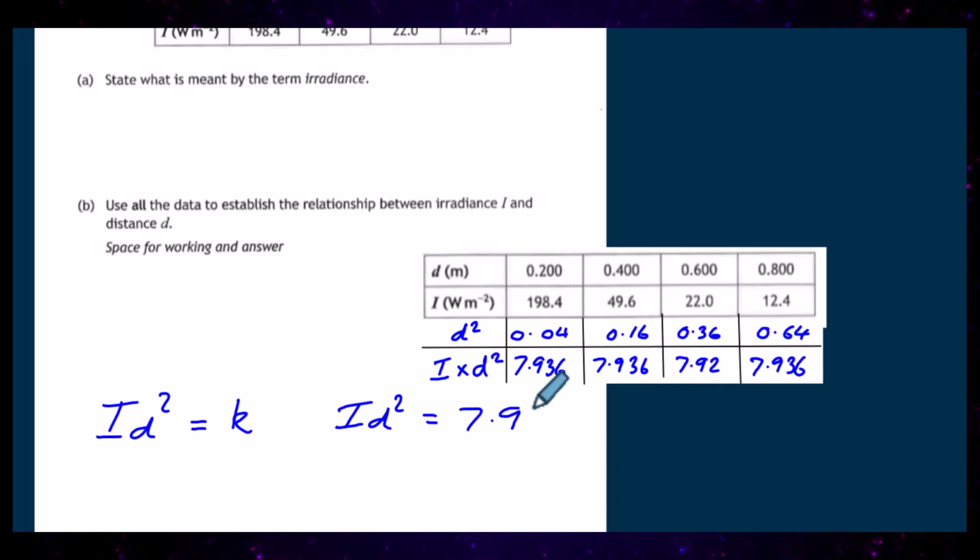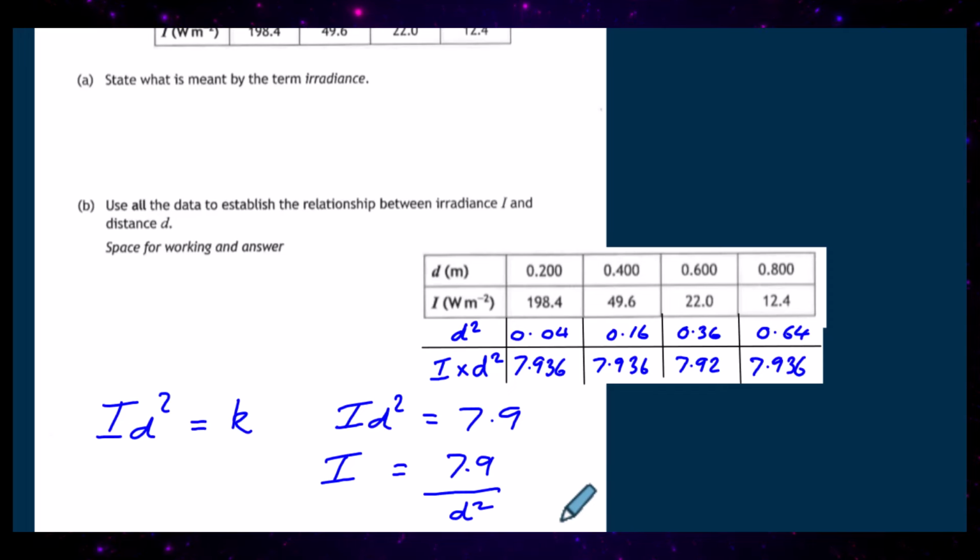So that's the relationship, since it's asking for the relationship between the irradiance and the distance. Therefore we can write that the irradiance I is equal to 7.9, the constant number, all divided by d squared. Which means if we know the distance from the light source, square it and divide it into 7.9, we will get the irradiance of that particular source of radiation.